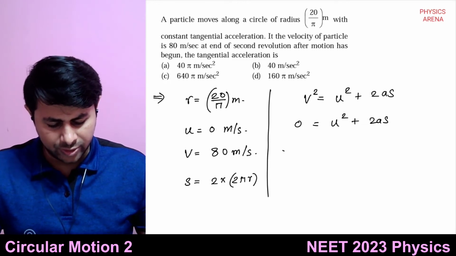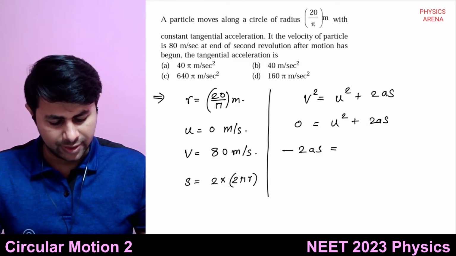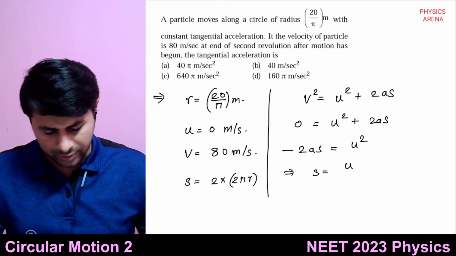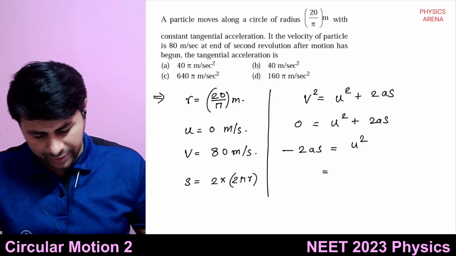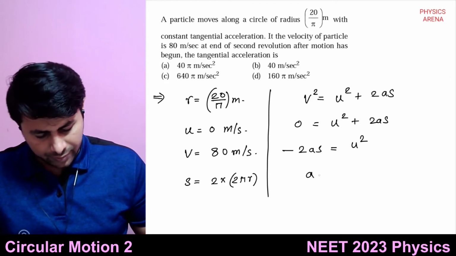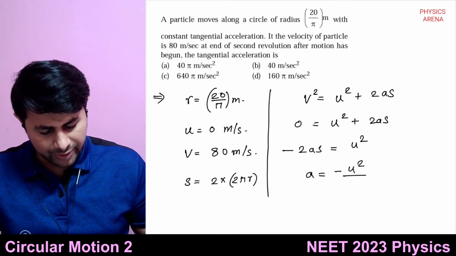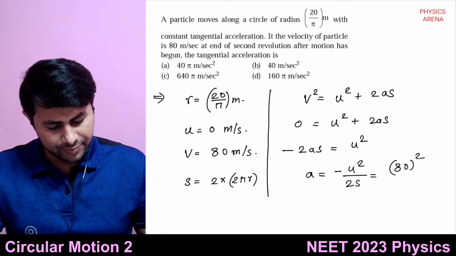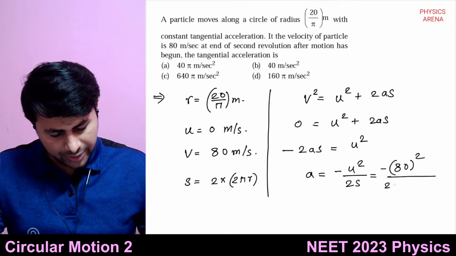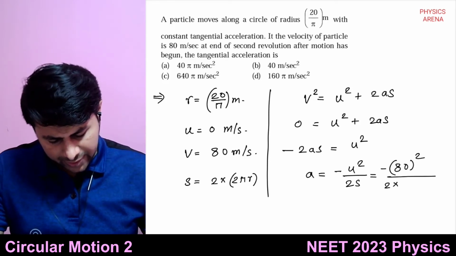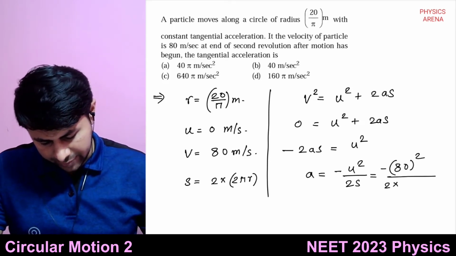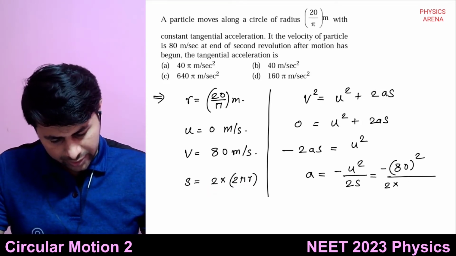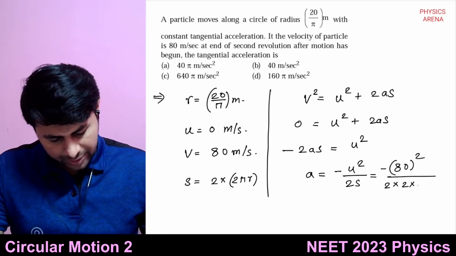Then a is equal to minus of u square divided by 2 times s. It is 80 square divided by 2 times s, and s is 2 multiplied by 2 pi r.